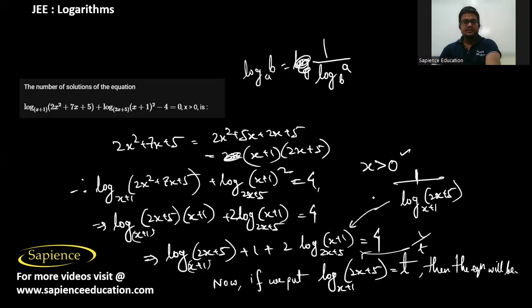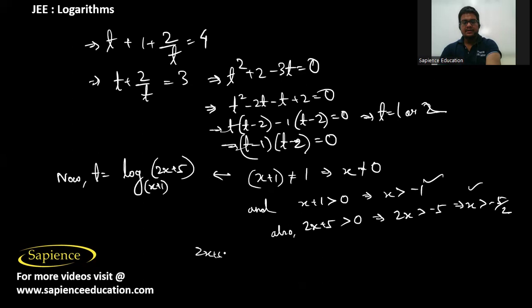And then this 2x plus 5 into x plus 1 should be also greater than 0.